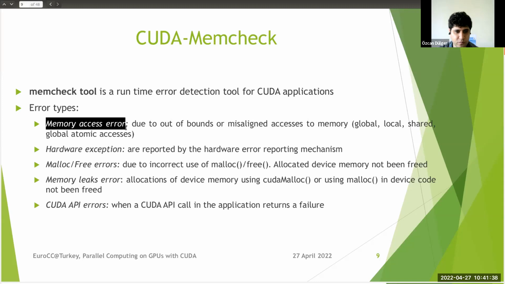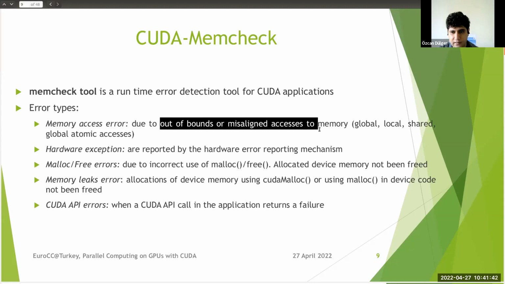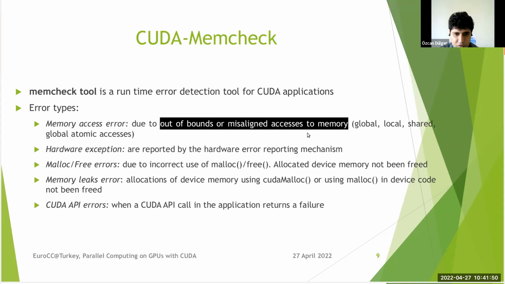This occurs because of out of bounds or misaligned access to memory. This memory can be a global memory location, local memory location, shared memory location, or a global atomic access.